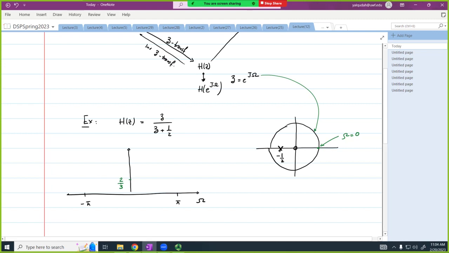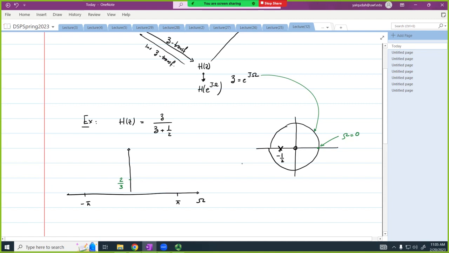And then as I go around the unit circle, omega is increasing. Omega here is pi over 4, pi over 2, and so on, all the way to pi, and all the way back to 0. And therefore, what's going to happen as I go around the unit circle?